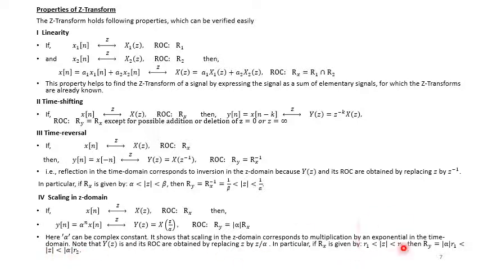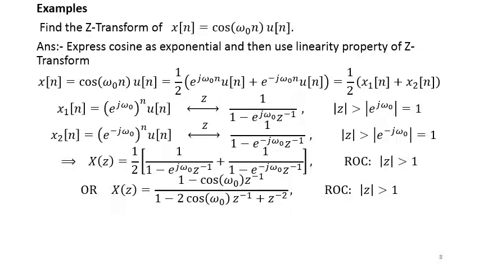So that means we are just multiplying the limits of the ROC by the factor of a absolute. I hope this gives you idea. Before proceeding to the next property, let's have some examples on the properties we have discussed so far.